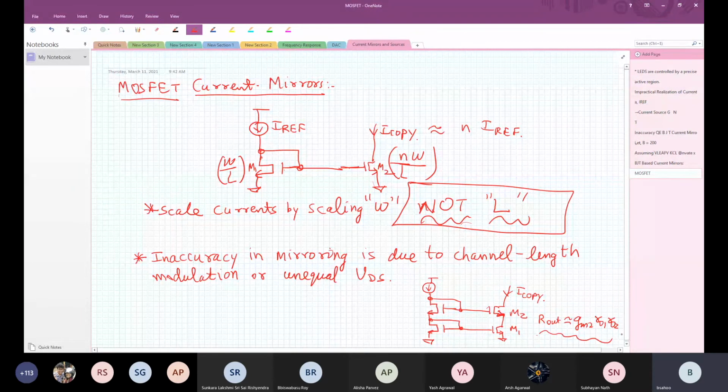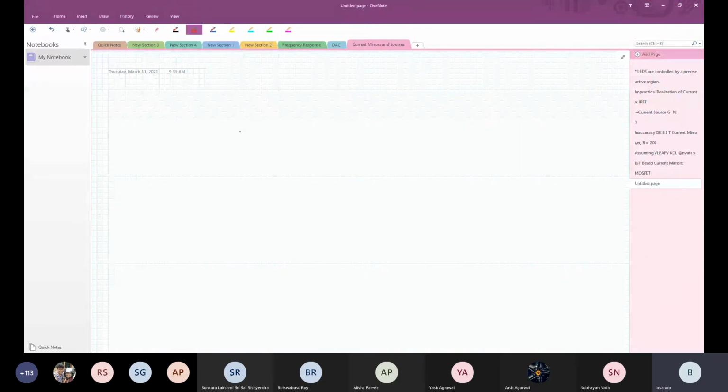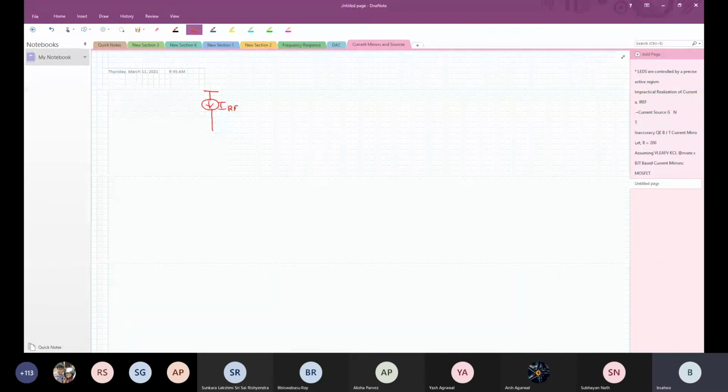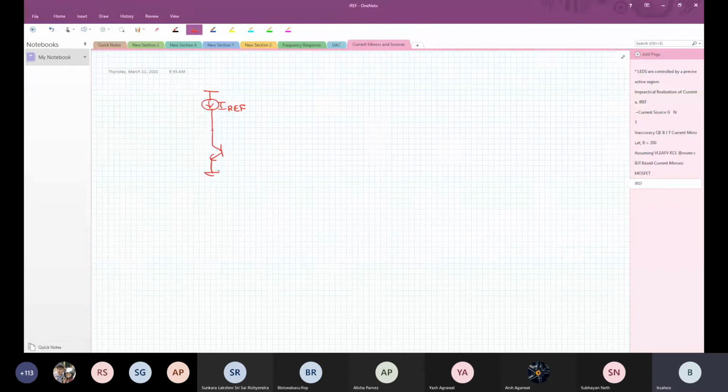Okay, so now the final aspect which I have already discussed yesterday is how do you realize current sources and current sinks? Okay, so BJT current source, I have this golden reference. Somebody spent a lot of time, designed it and gave me this reference current. So I am realizing a current sink like this.